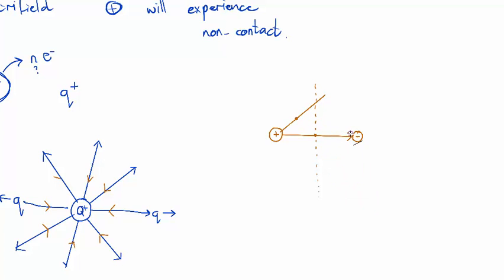But the pull is not as strong as the push, because it's closer to the positive charge, assuming these two charges are equal. So the push is stronger than the pull, but it's not 100% away in the original direction. It's slightly curved towards the negative charge until it comes here in the middle.